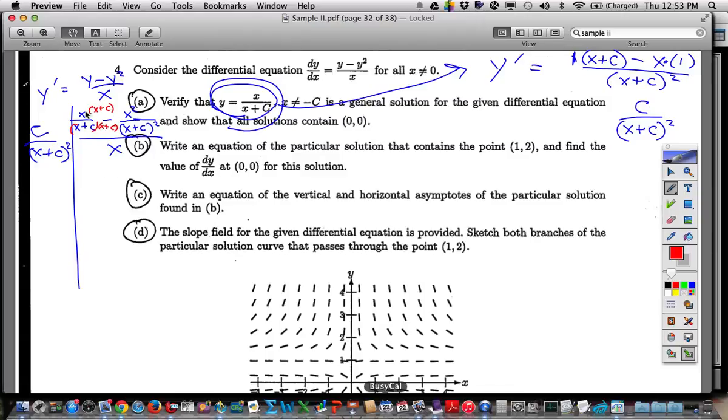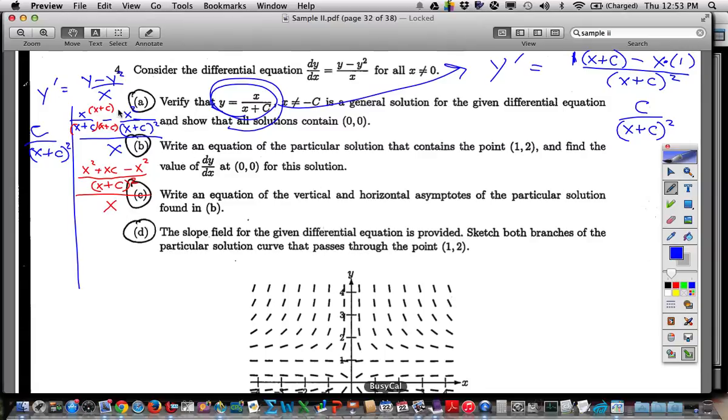So now what have I got? On my top fraction, I distribute that. So I have x squared plus xc minus x squared. That's what I would have, all over x plus c quantity squared. Now what happens there? Now don't forget, I've still got this all over x down here too.